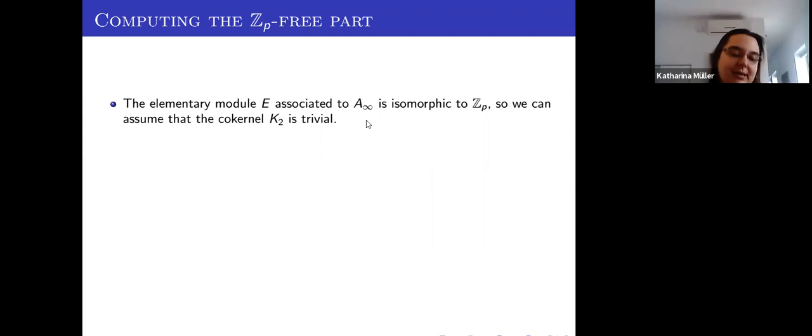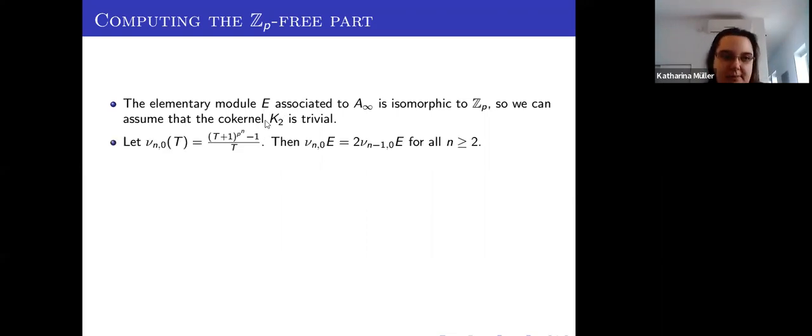But we have already seen that lambda of A^- is equal to 1, and that the plus part is uniformly bounded. So we can conclude that E, this elementary module, is isomorphic to Z_p as an abelian group. So we can even assume that K_2, which was this cokernel, is trivial.